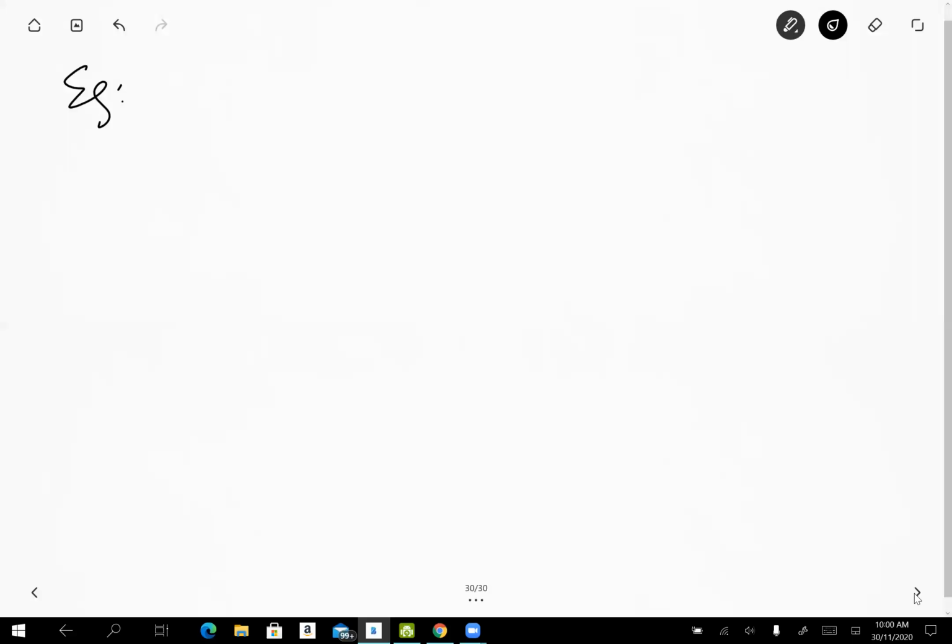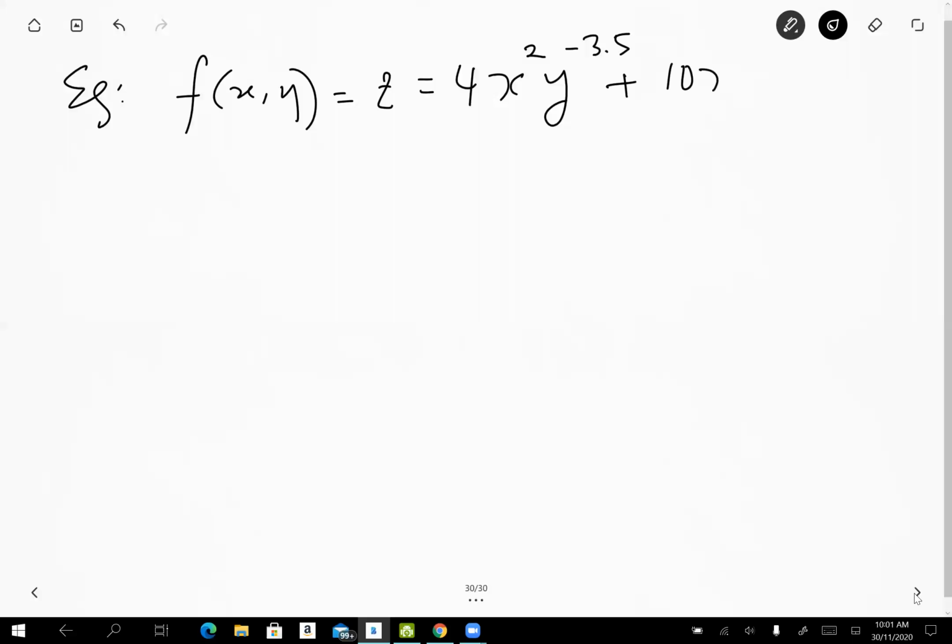Let's say I have f of x, y equal to z, equal to 4x to the power of 2, y to the power of negative 3.5, plus 10x to the power of 3 over 10, minus 21, oh no, I'm sorry, we make it y, y to the power of 6.